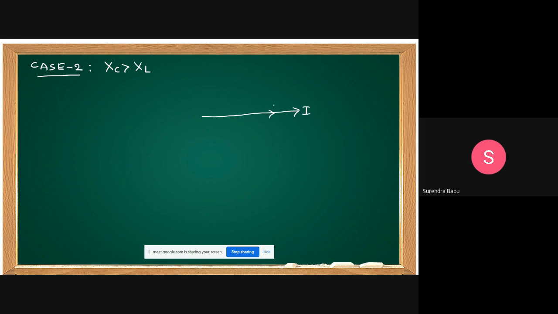This is the resistance. XC greater than XL means the XC vector is more, and the XL vector is a small vector. Then the resultant is at which side? The XC side. What is the resultant? XC minus XL. And this is the theta.